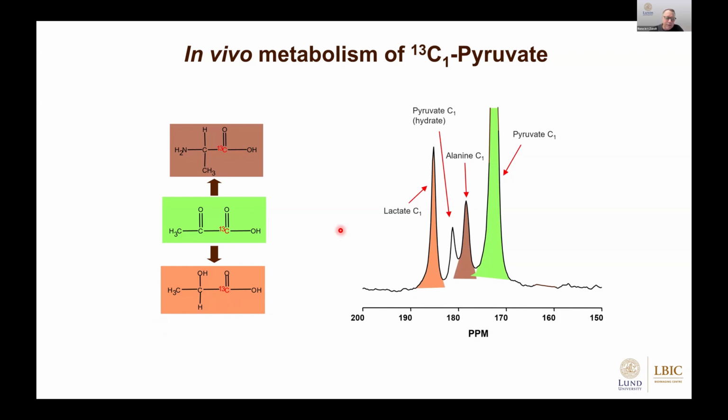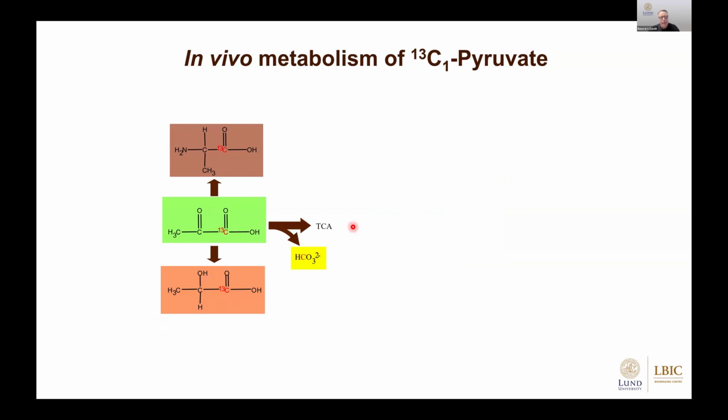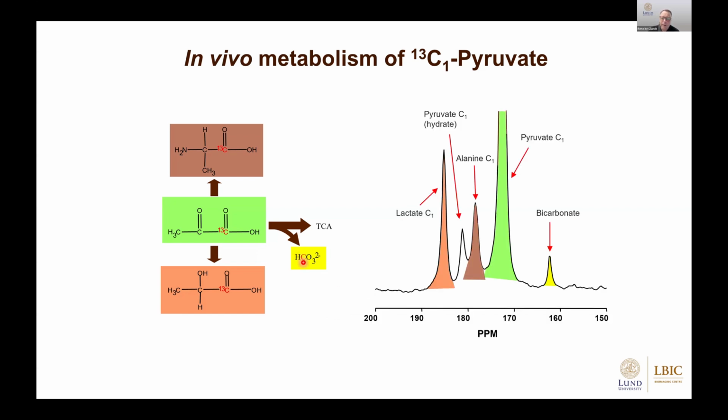And for this specific label position, we will lose our label in the decarboxylation of pyruvate into the citric acid cycle. It will become CO2, and we'll find it as bicarbonate in the tissue or in the animal. And the bicarbonate has its resonance over here. So this is kind of the game we're playing with.